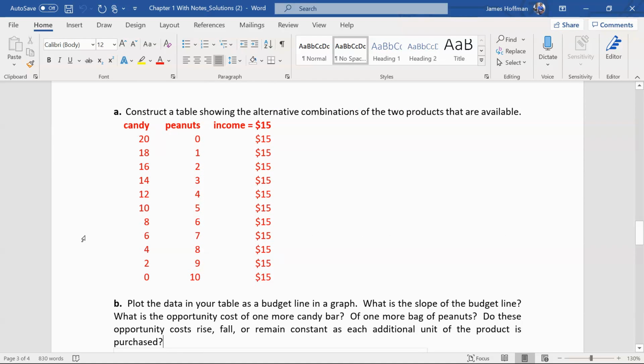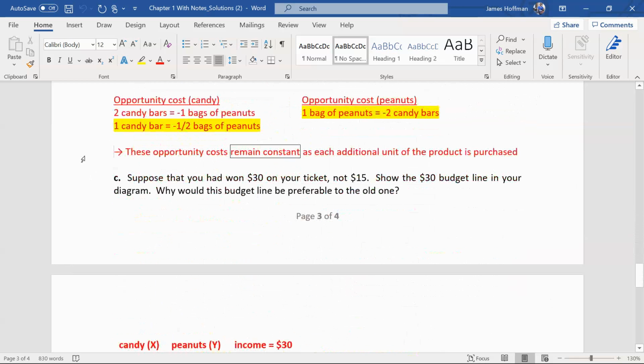No matter where you are, every time you want more candy bars, you always give up the same rate, and every time you want more peanuts, you always give up the same rate, and therefore it's constant. Which means that these opportunity costs remain constant as each additional unit of the product is purchased.